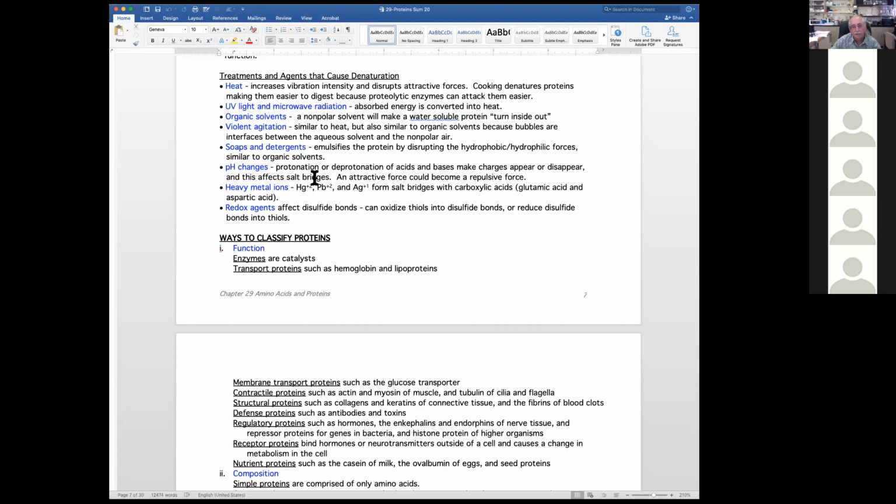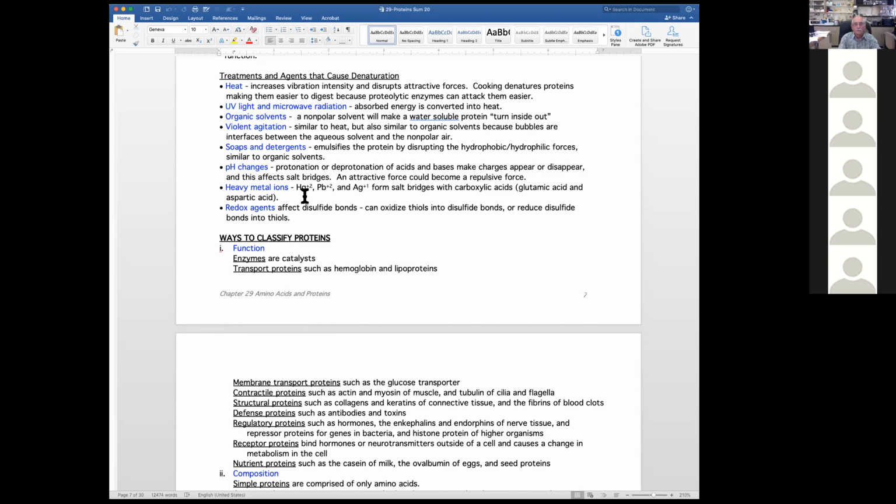pH changes affect protonation of acids and bases, can make charges appear or disappear, and affect salt bridges. Heavy metal ions form salt bridges with carboxylic acids, so they can replace some of the natural salt bridges in there.